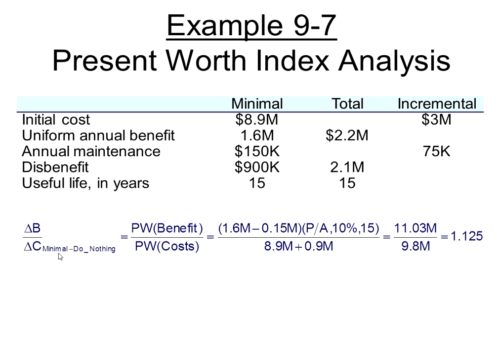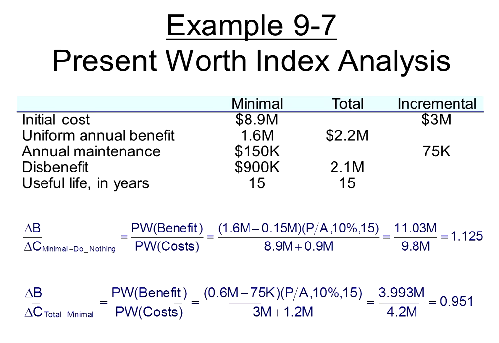And so again, we also compare minimal to total. Total is the higher cost, so total minus minimal. Again, this initial cost and this benefit all happen in the present, so they are the initial cost.